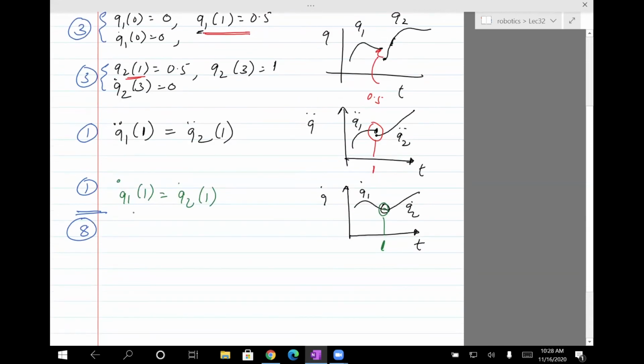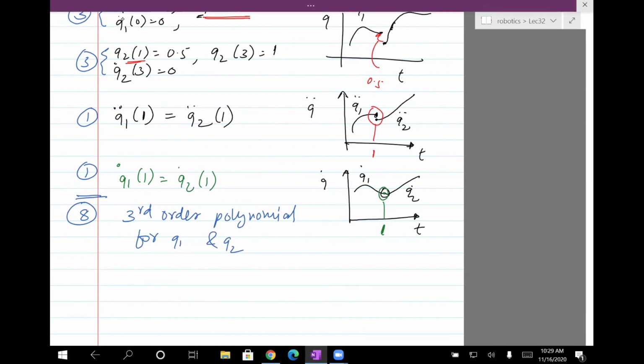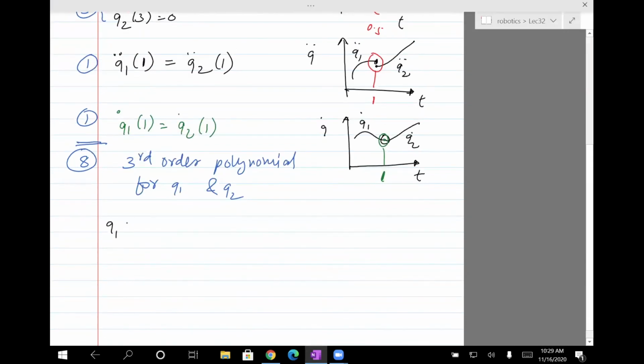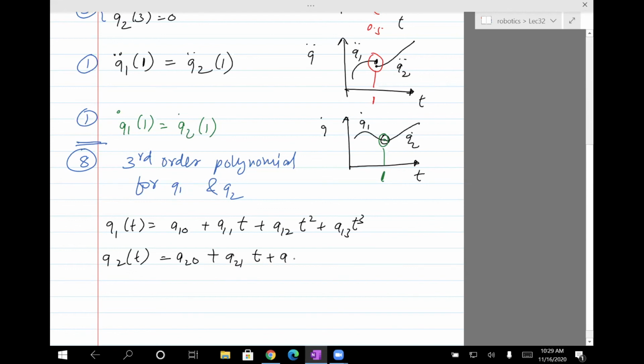So we have to have a third order polynomial for q1 and q2. Okay, so begin by assuming q1 of t equals a10 plus a11 t plus a12 t square plus a13 t cube, and q2 equals a20 plus a21 t plus a22 t square plus a23 t cube.